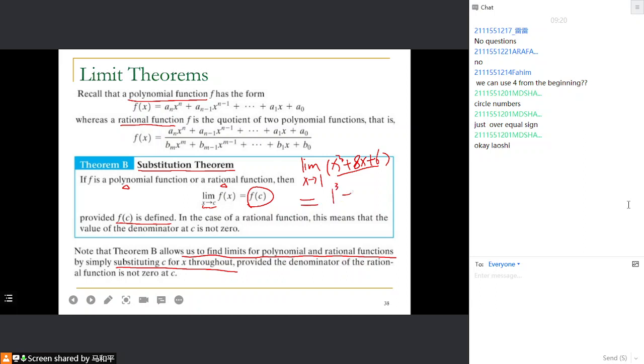So 1 cubed plus 2 times 1 plus 6. So we can find this is 9. Right. So by the substitution theorem, it's very simple.